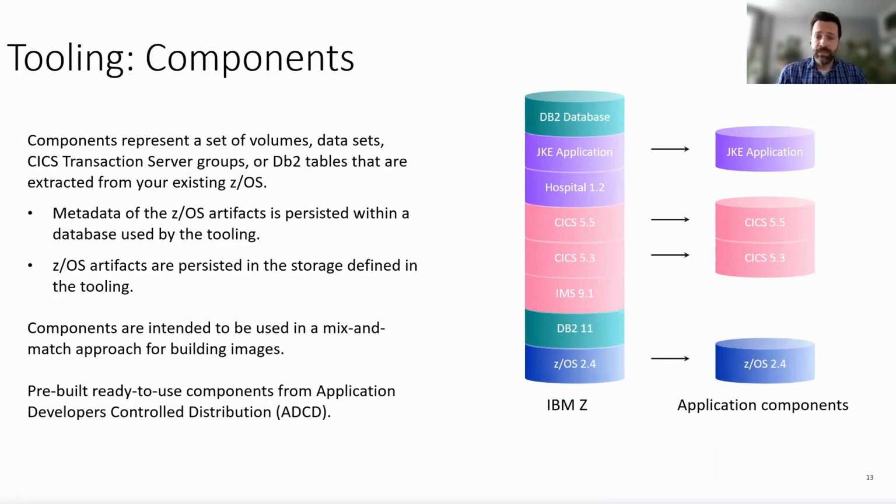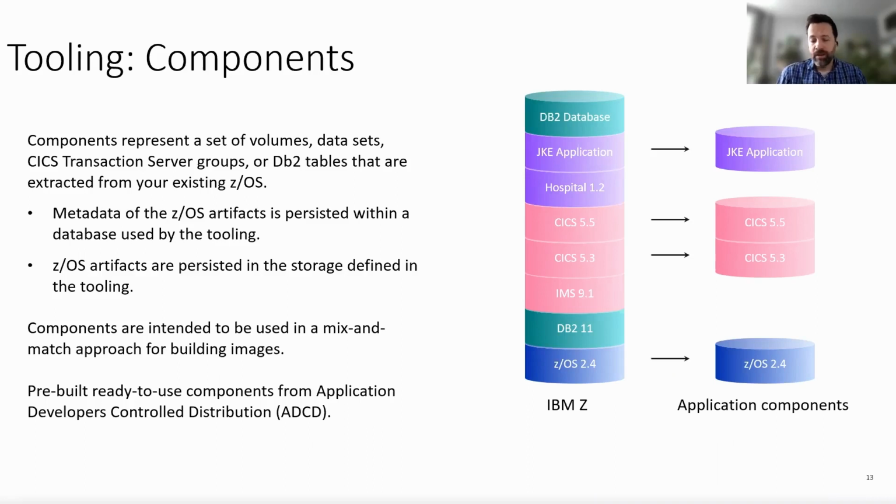So the idea was, let's promote the idea of having smaller chunks of this data, and we represent that as components within the tooling. So a component is really meant to be a set of artifacts, zOS artifacts, that is logically grouped together, depending entirely on how you see fit.